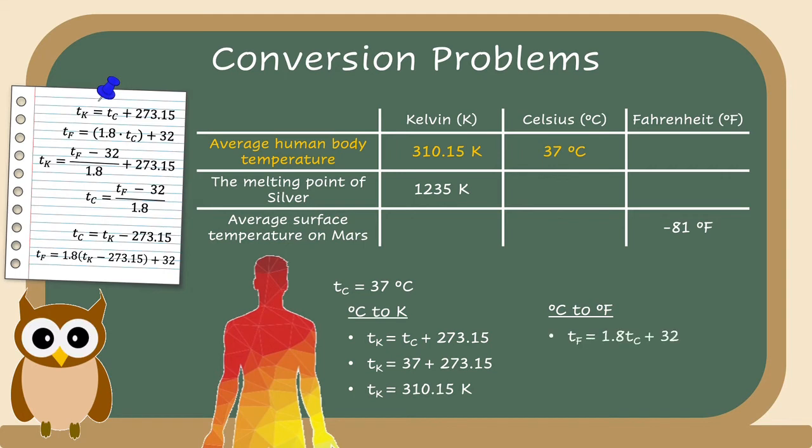And now, to get to Fahrenheit, we must multiply our starting value by 1.8 and then add 32. So 37 times 1.8 gives us 66.6, and then we add 32, which gives us 98.6 degrees Fahrenheit.